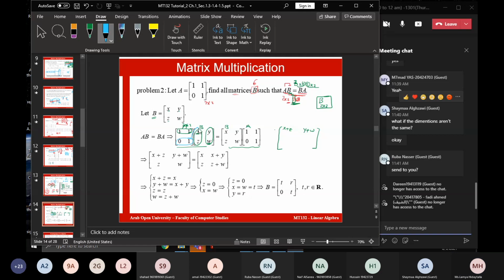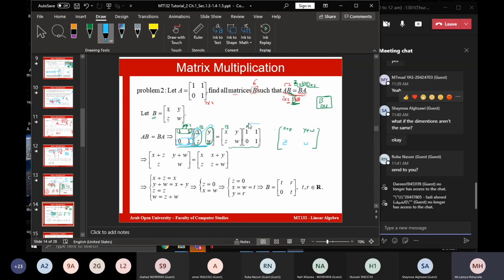Then we multiply: 0 times X plus 1 times Z. So this is Z. And then we do the same here: 0 times Y plus 1 times W. So this is W. So I evaluated this.